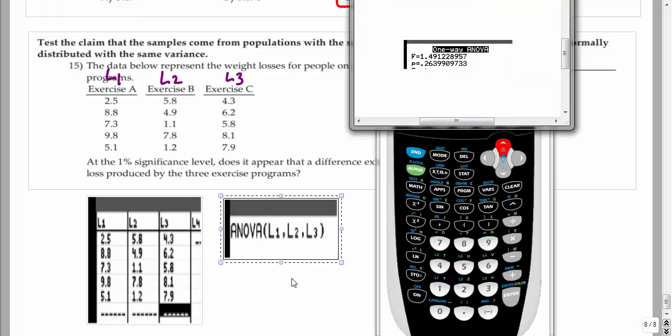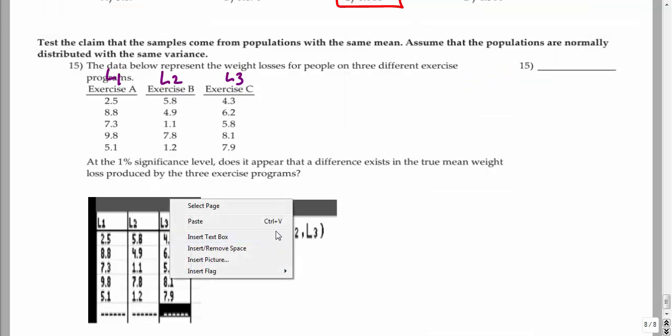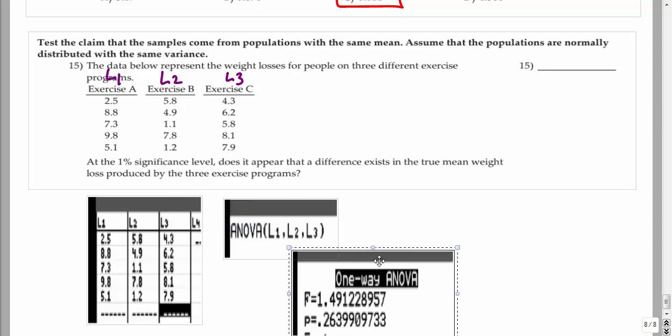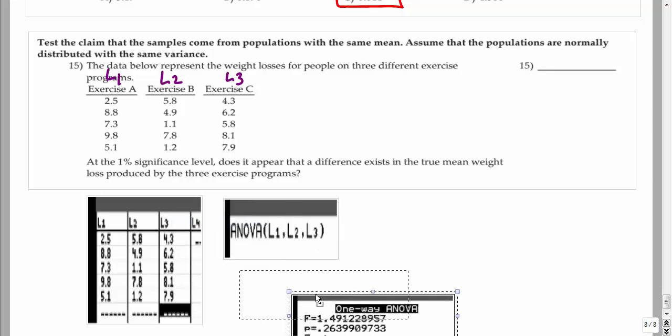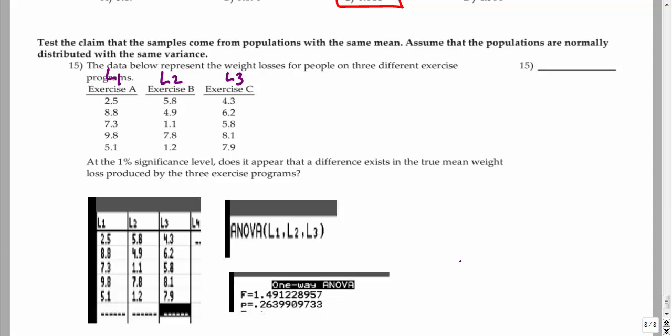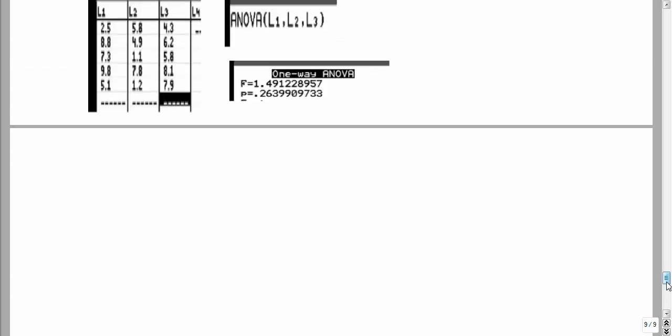So again, lots of other information there, but we really just want the p-value and the test statistic as well. The first value that we have listed here is the test statistic. The second thing we have listed here is the p-value.